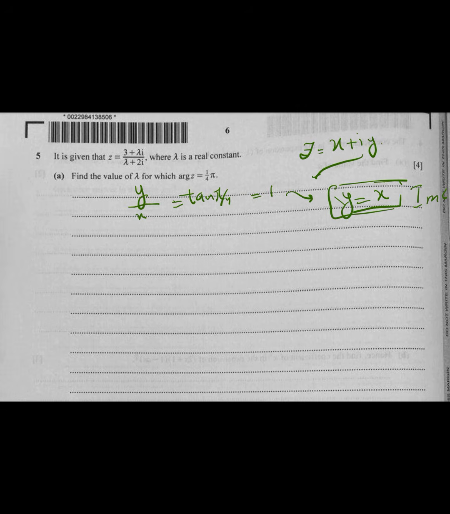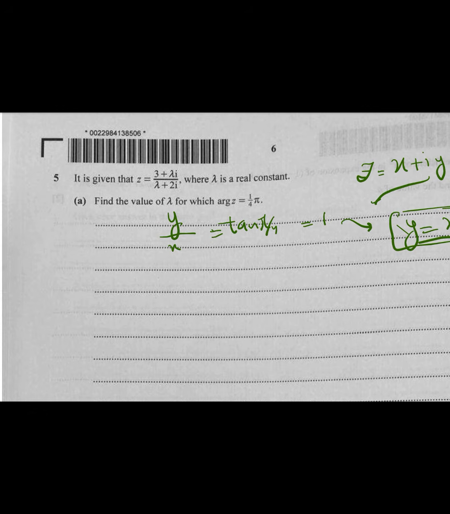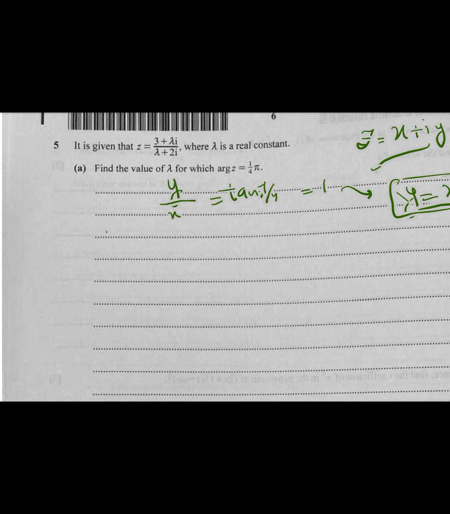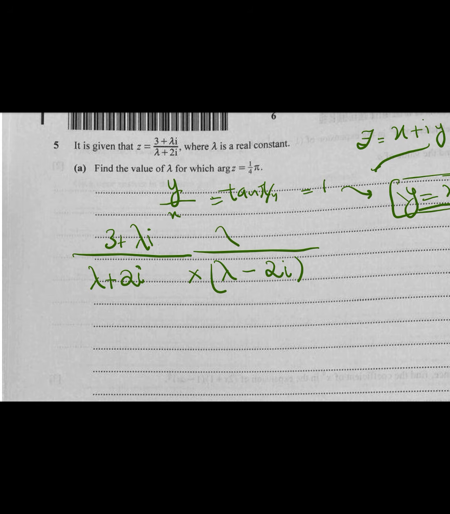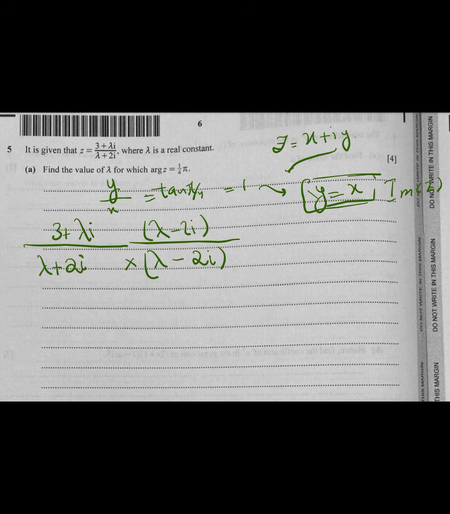Now we will first see what exactly the imaginary part is. So 3 plus lambda i divided by lambda plus 2i. If we have to remove this imaginary part from the denominator, we can multiply by the conjugate. So we'll multiply it by lambda minus 2i over lambda minus 2i, and then we can cross multiply.